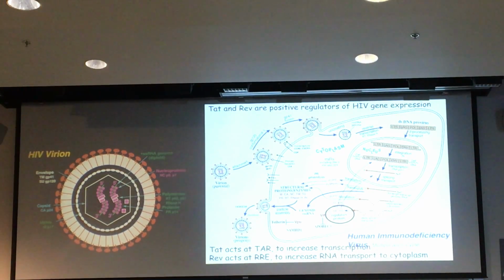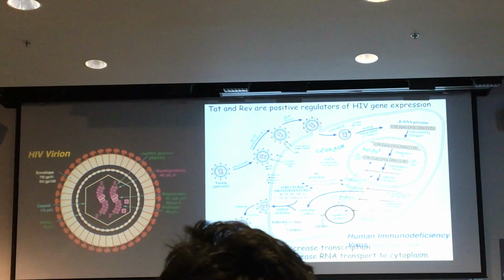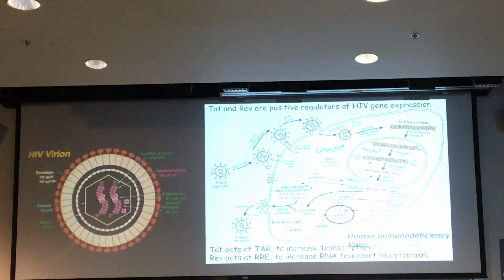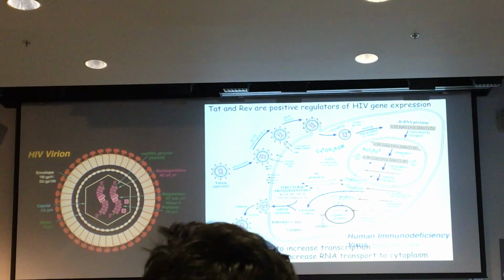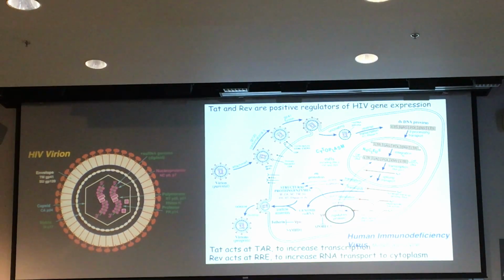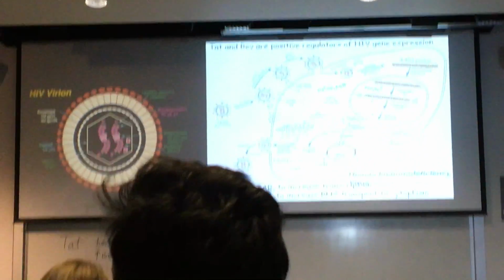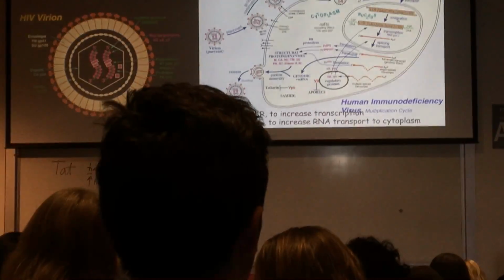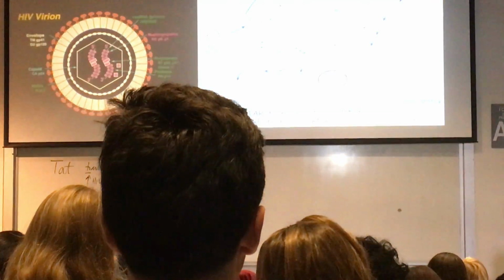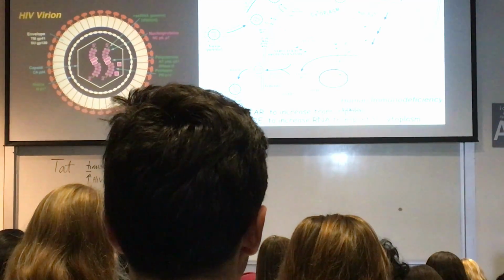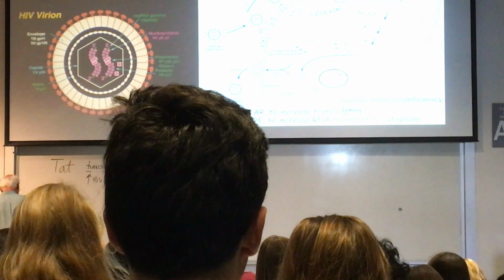And so TAT increases HIV transcription, and it does so by stimulating Pol2, the cellular RNA polymerase 2, but it stimulates elongation. And so the study of TAT actually told us a lot about how cellular Pol2 works in the elongation mode. All right, so how does this work?